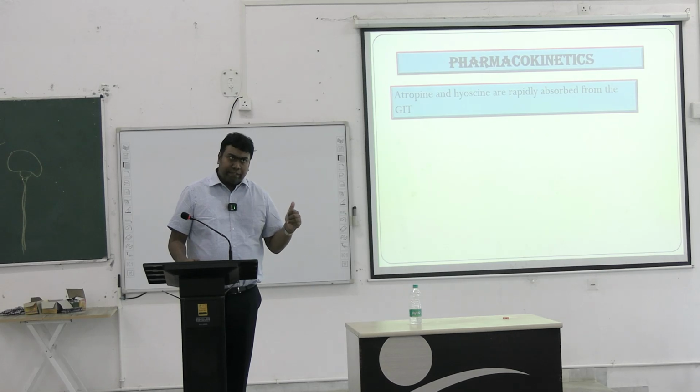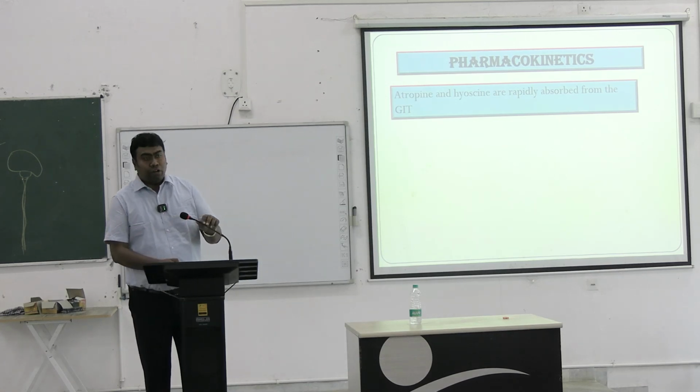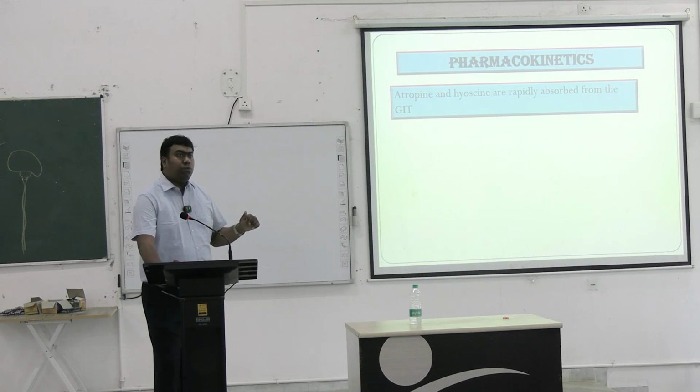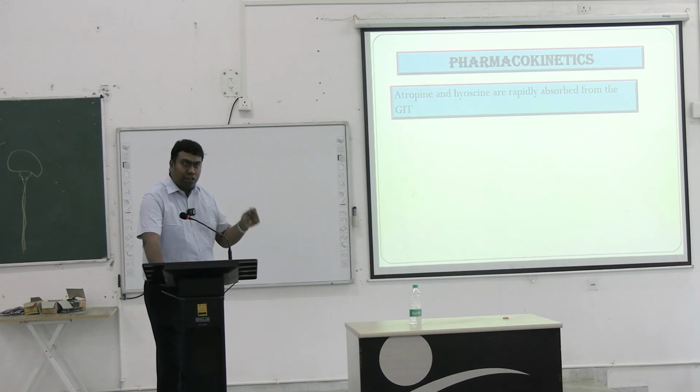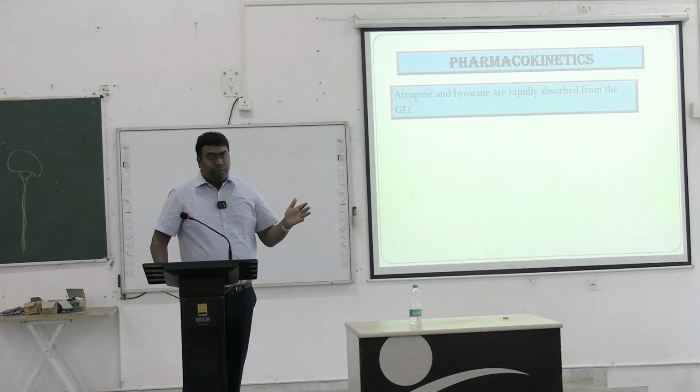Can it be given orally? Nowadays atropine is rarely used orally. What are the other common routes where atropine is given? Eye drop. So commonly we use atropine as an eye drop or eye ointment. Previously we prepared this eye ointment in the pharmacy.